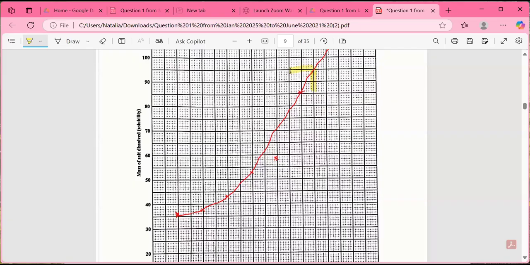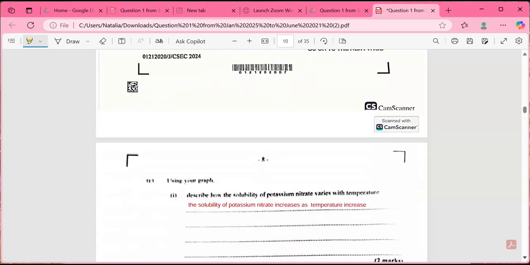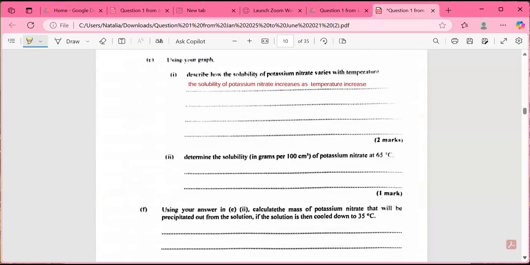So we can read off exactly what my y value would be. What's going to be my y value? 95. 95 grams per 100 grams of water.